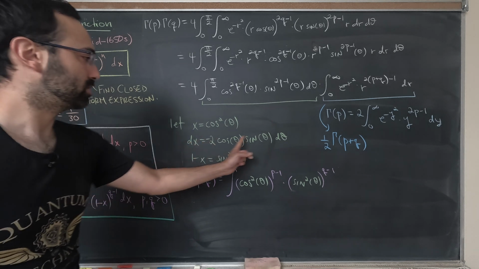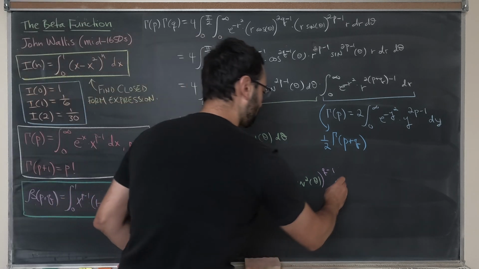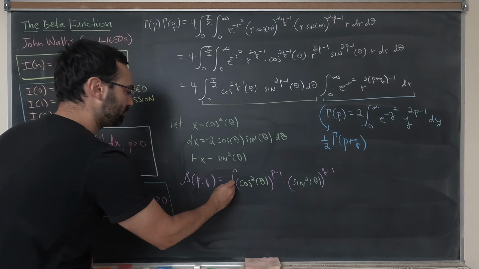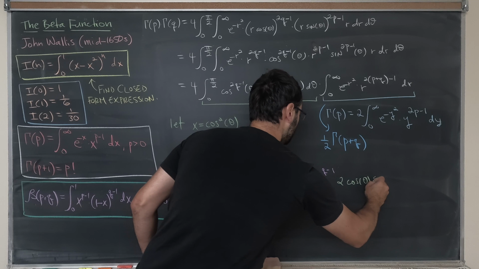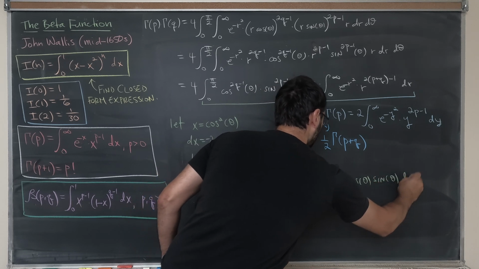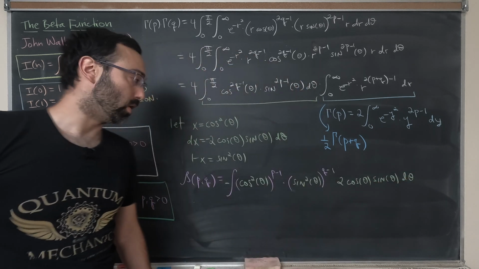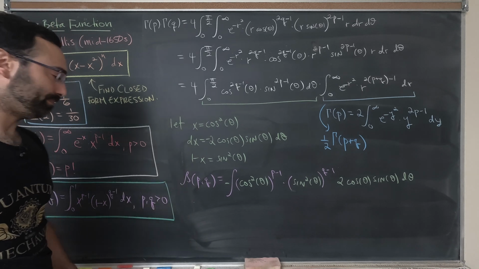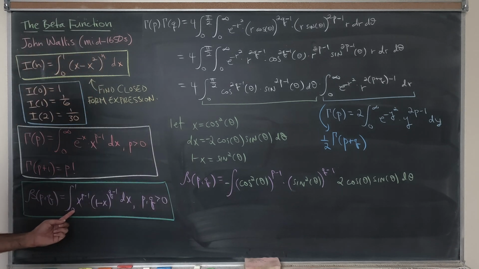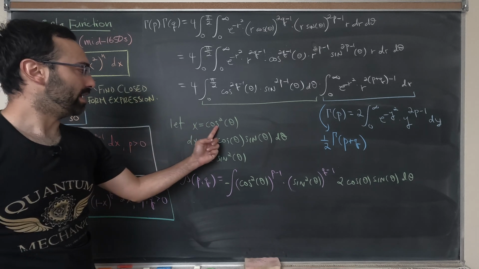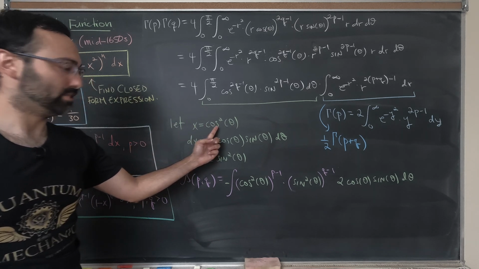And dx is this expression right here. We'll take the negative out front. 2 cos theta sine theta d theta. Okay, good. Well now, what are the integration bounds? Here when x is 0, that gives a value of theta as pi over 2.